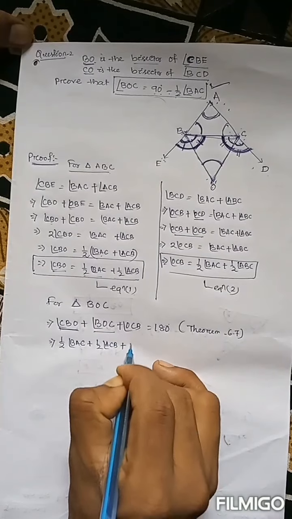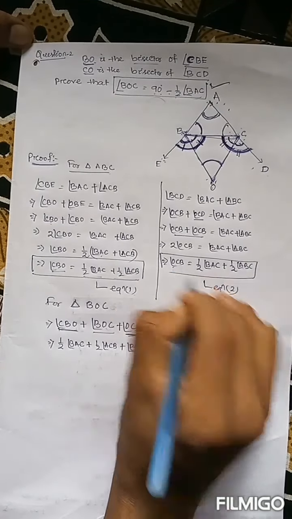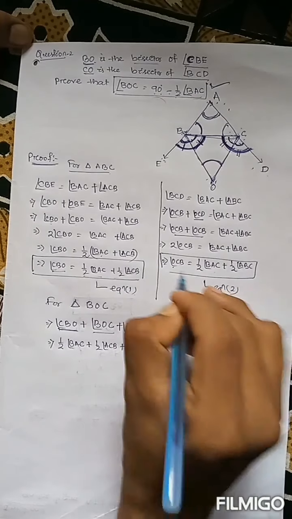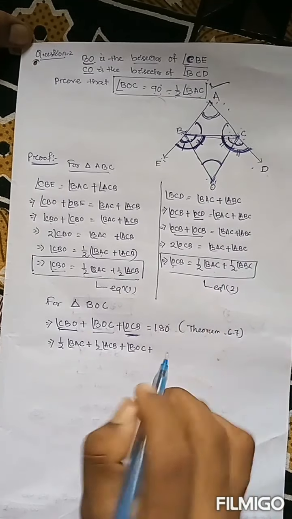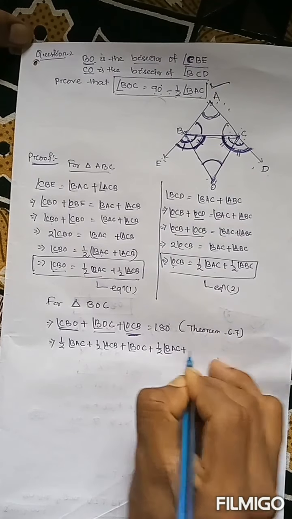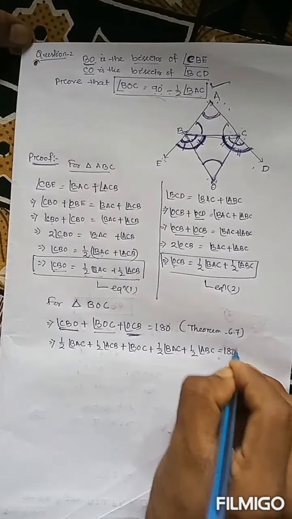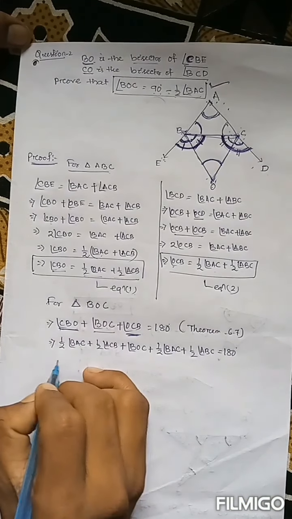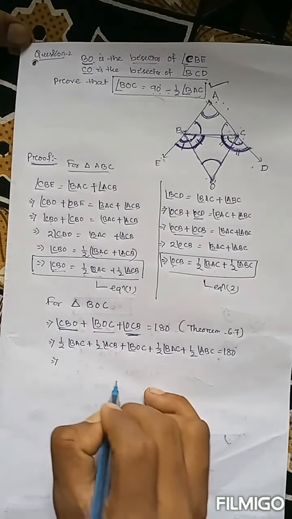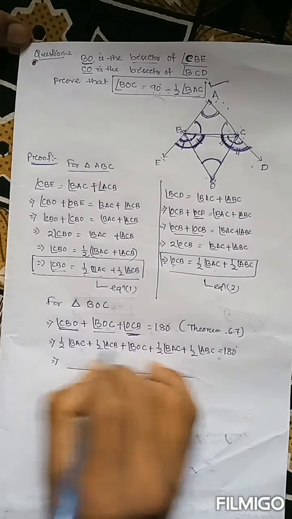Now write BOC as BOC. Again, in the place of OCB we get half of BSC plus half of ABC. So in this place you can put these two terms. So half of BSC plus half of SCB plus BOC plus half of BSC plus half of ABC is equal to 180 degrees. Understood? So next you have to find their sum.